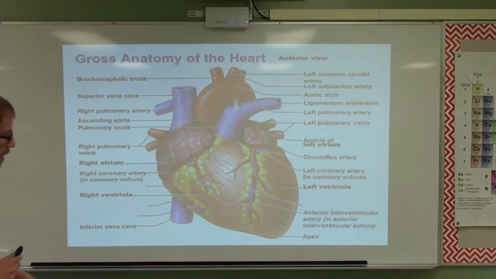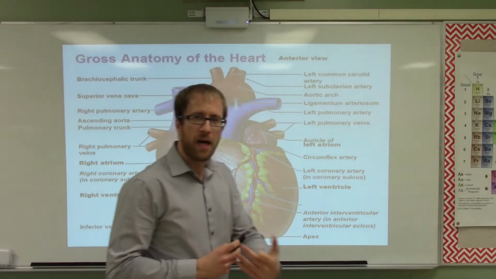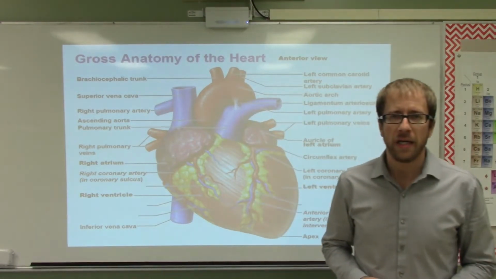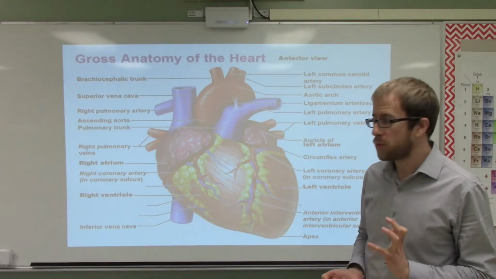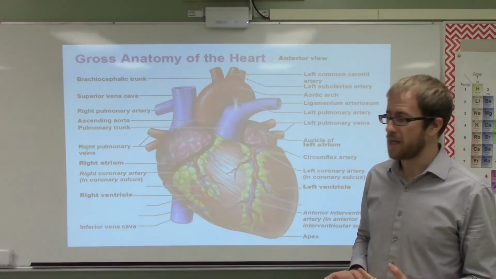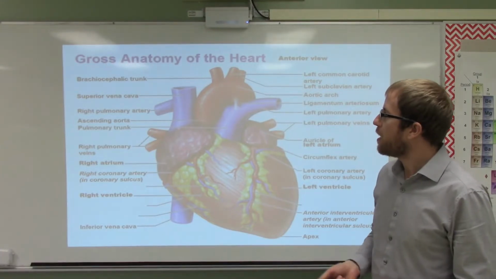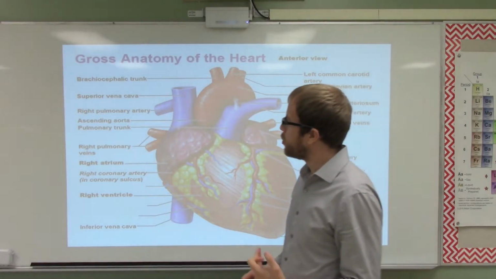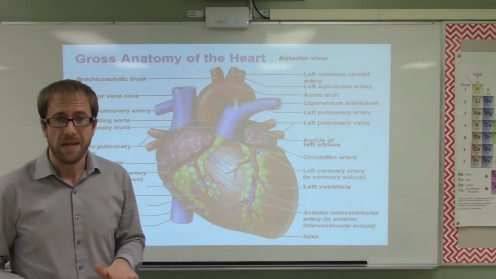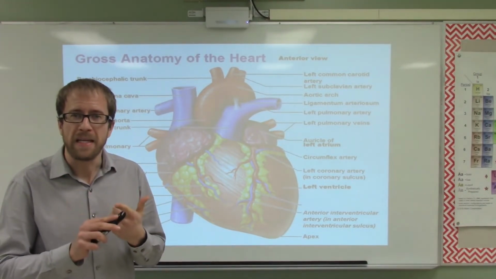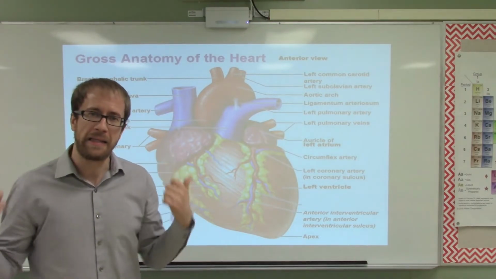Now, again, it sucks that we're not able to do the heart dissection, but there are some important things I do want you to take note of when it comes to the heart anatomy. A lot of this stuff here, I don't really expect you to know, but obviously you do need to know the arteries and the veins that come to the heart and leave the heart.